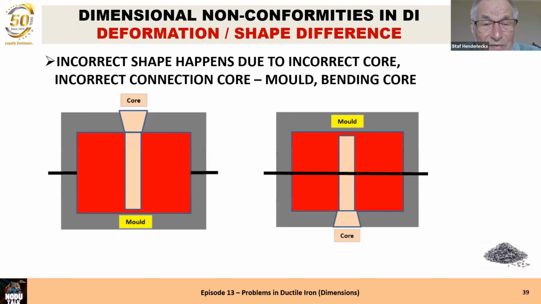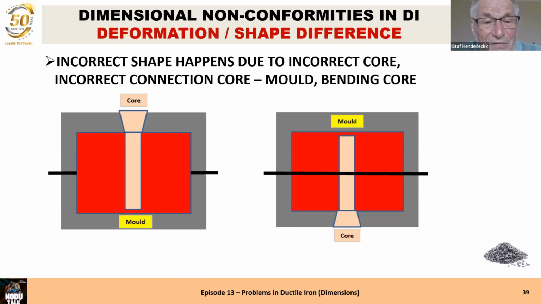What you can also have is that, because your split line gives an opening so that we have a flash, the core, which was exactly okay when we started, ends up with an area below the core or on the left side above the core where there will be metal.